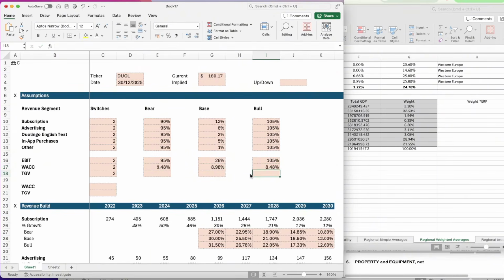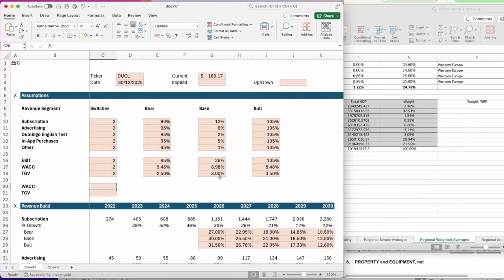The lower the WACC, the less risk. We're going to say the terminal growth value is 3%. For the bull case, we say plus 0.5%. For the bear case, we subtract 0.5%.